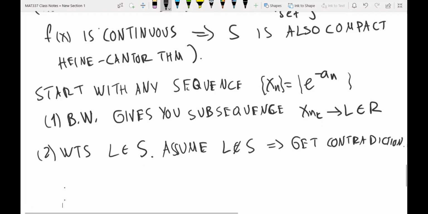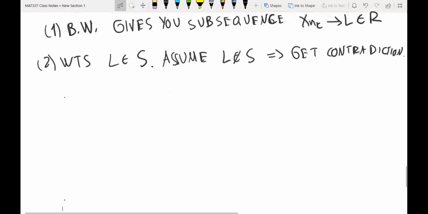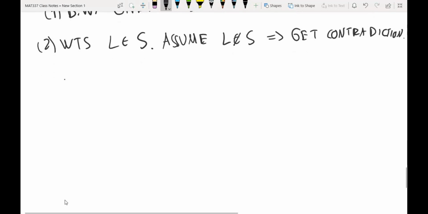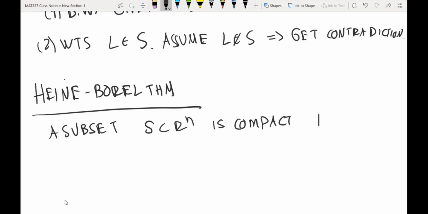So let's prove the general theorem. Okay. So this is called the Heine-Borel theorem. And it says that a subset is compact if and only if S is closed and bounded.